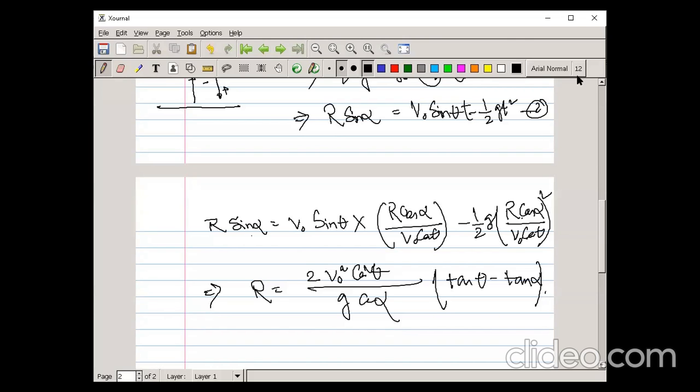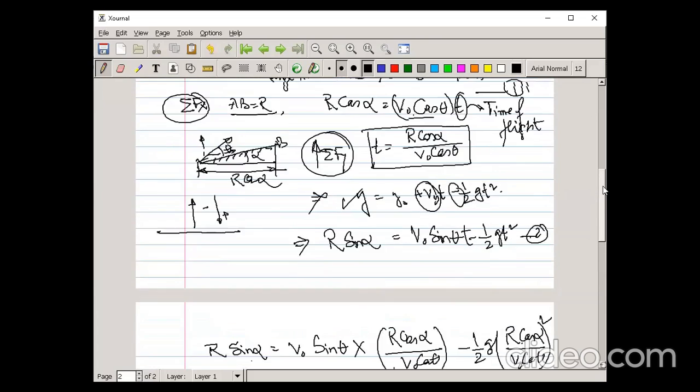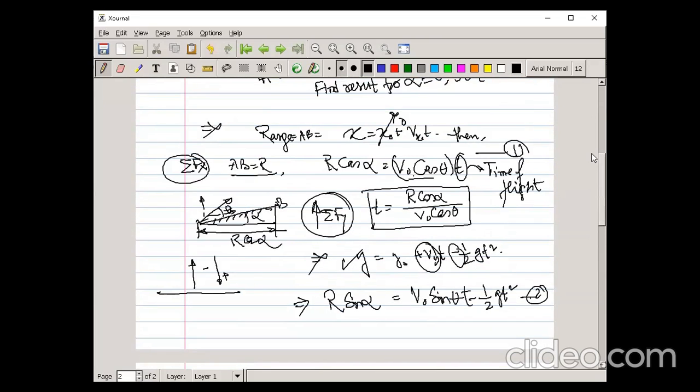Okay, see, the basic idea is when you have to find the displacement of any particle which moves, the displacement formula, I think you know, is S equal to Vt.